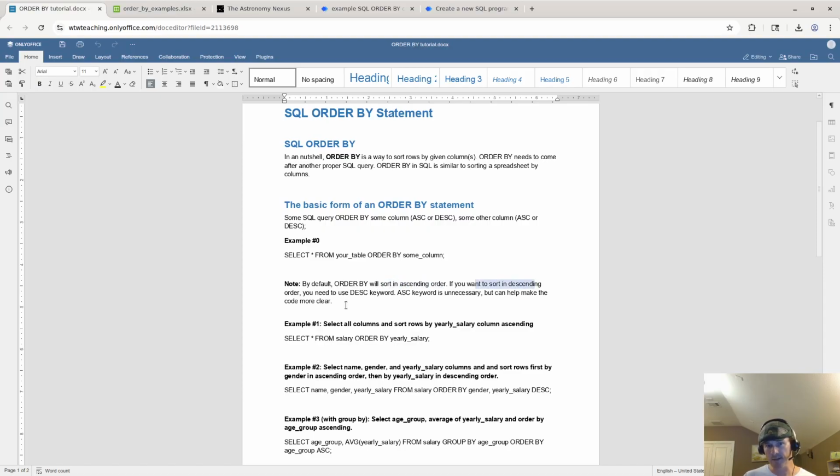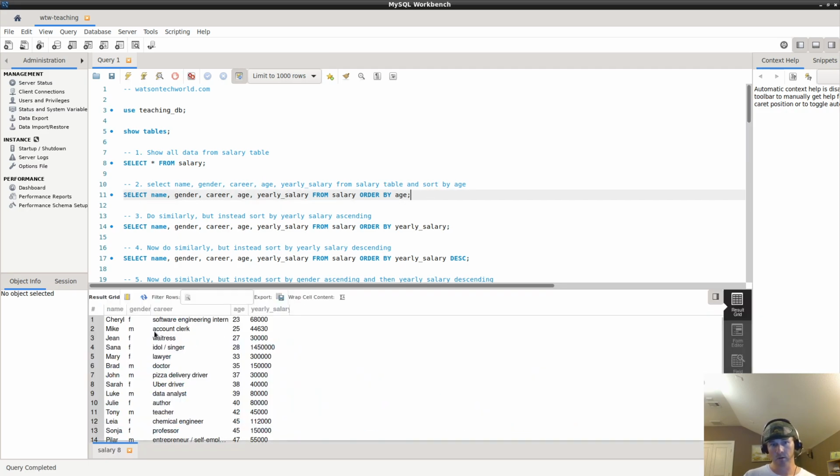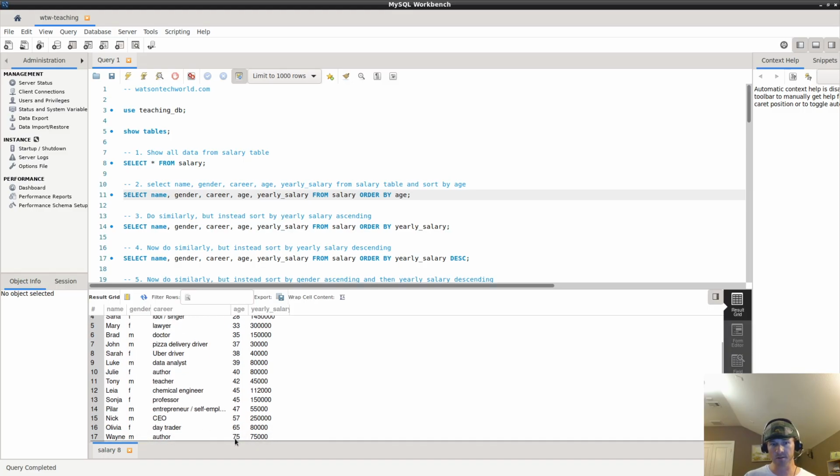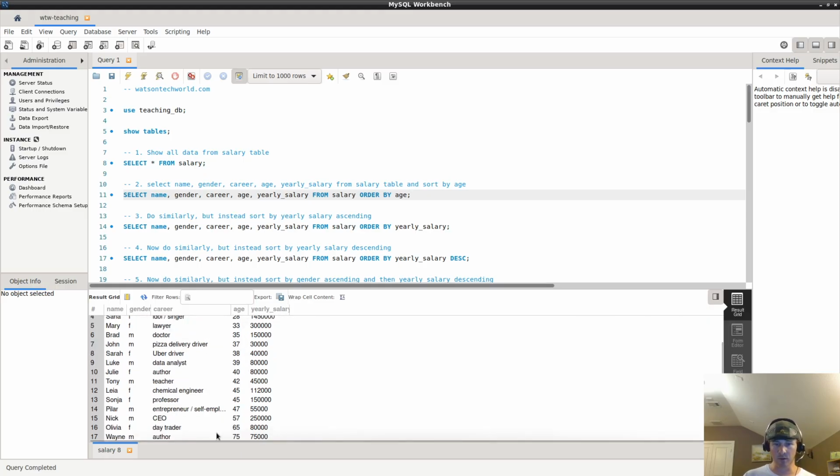If you want to sort in descending order, you have to use the DESC keyword. You can use the ASC keyword, but it's unnecessary, though it may make it more clear. Okay, so let's order by age. So we have this data. We see the youngest is at the top, and the oldest is at the bottom.